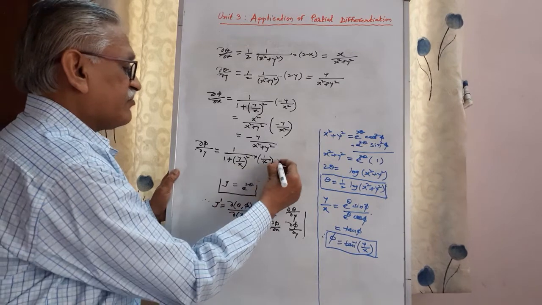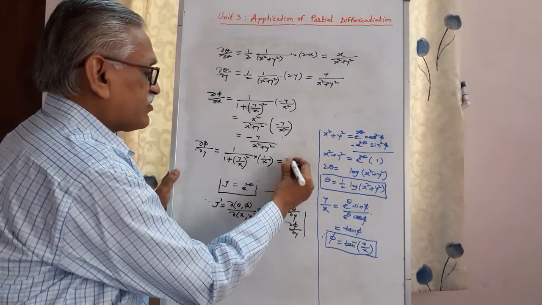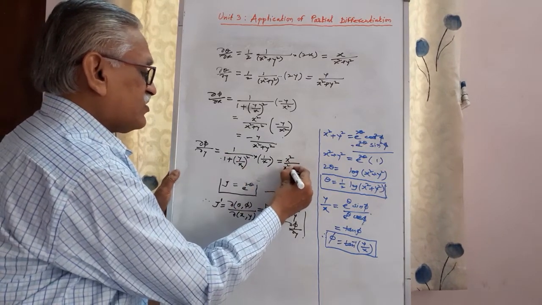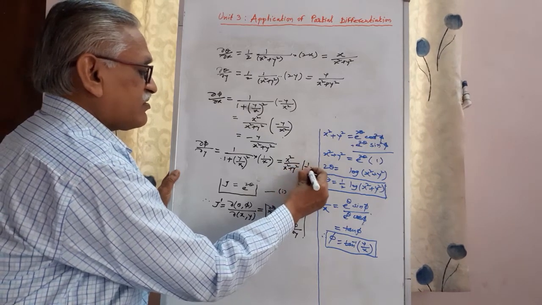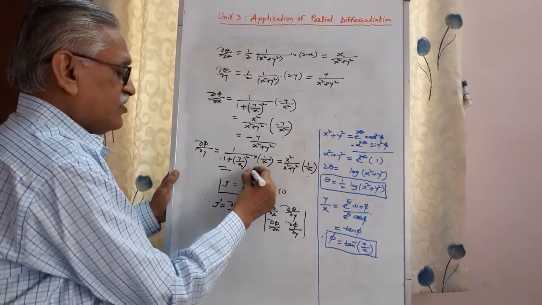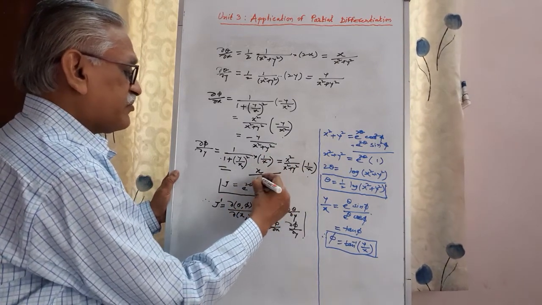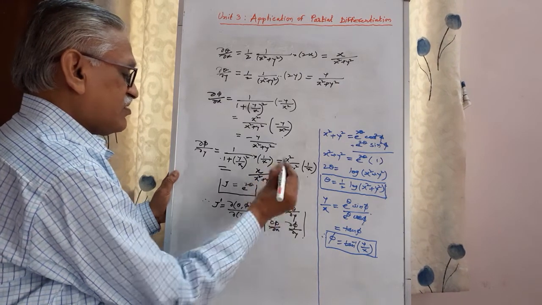Simplifying it, again cross multiplying, we get x square divided by x square plus y square into 1 by x. X get cancelled, therefore its value is x divided by x square plus y square.